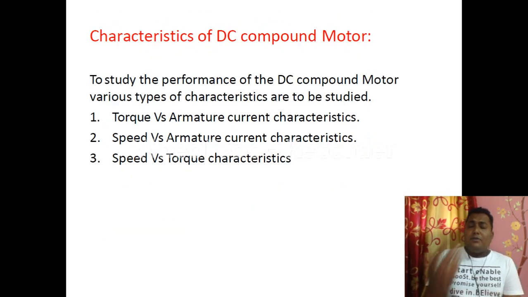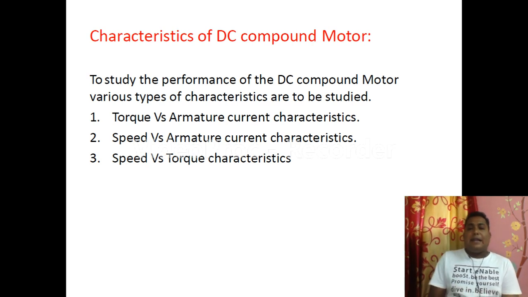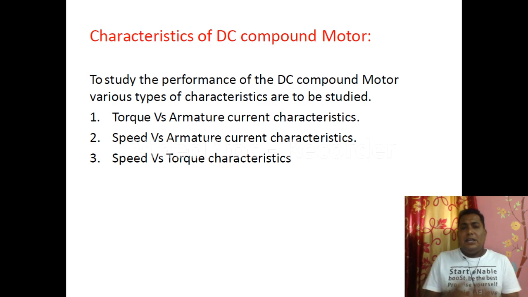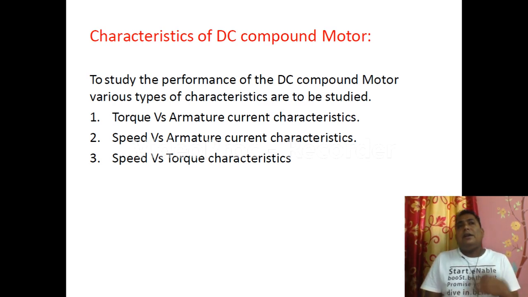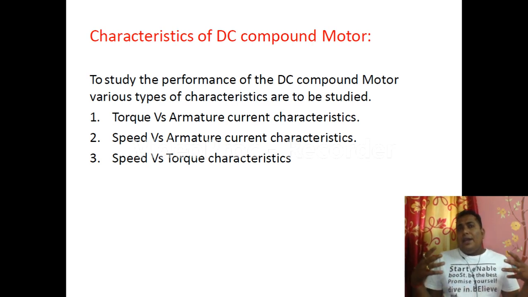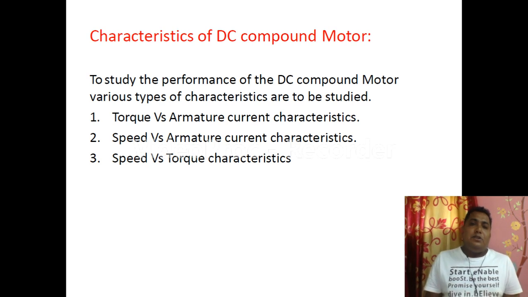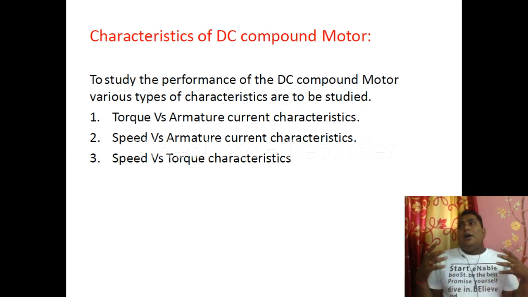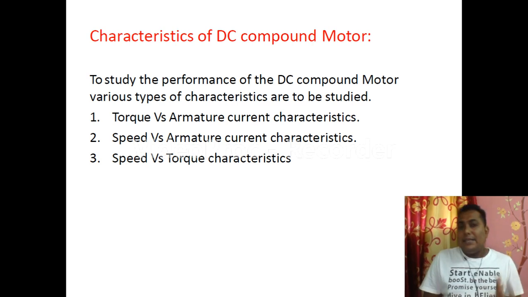Okay, so now again we are coming back to our characteristics. So that is a little concept about differentially compound and cumulatively compound DC motors. Now coming back to our characteristics, where we have torque versus armature current, speed versus armature current, and speed versus torque. It is very simple to draw the characteristics of a DC compound motor, because it has two properties, series and shunt.